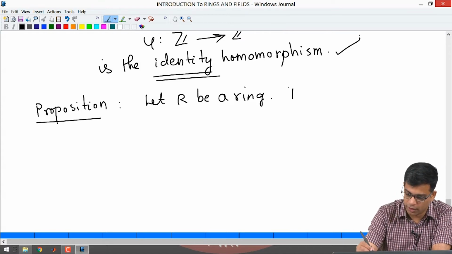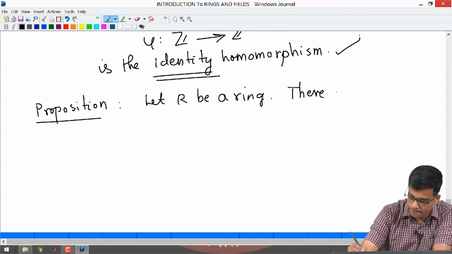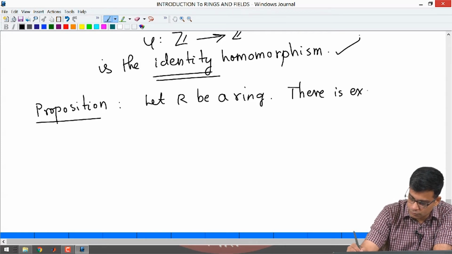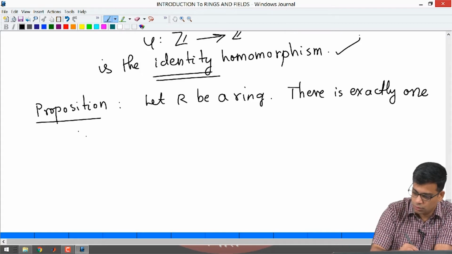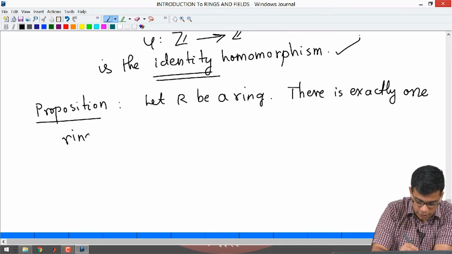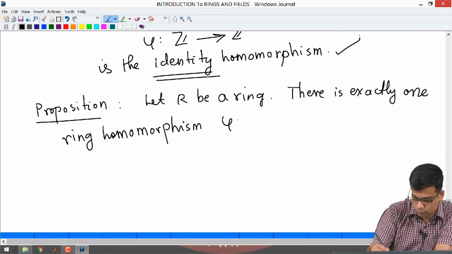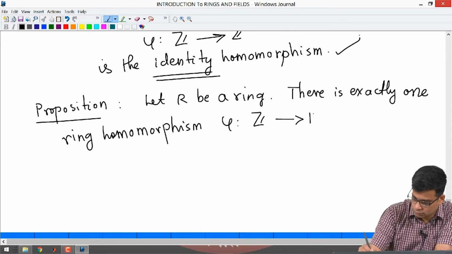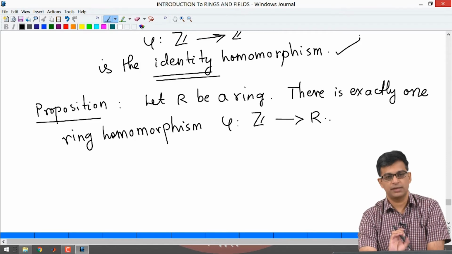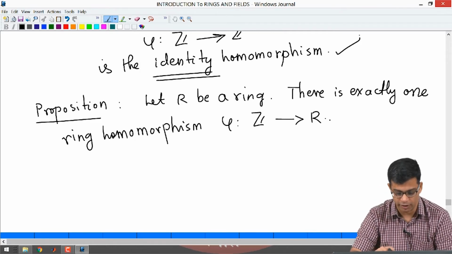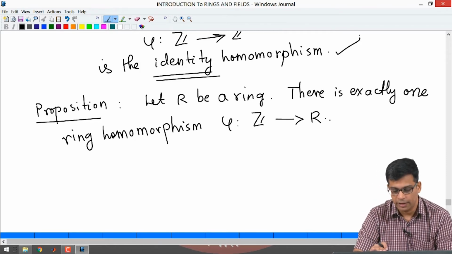So, let R be a ring, there is exactly one ring homomorphism from Z to R.